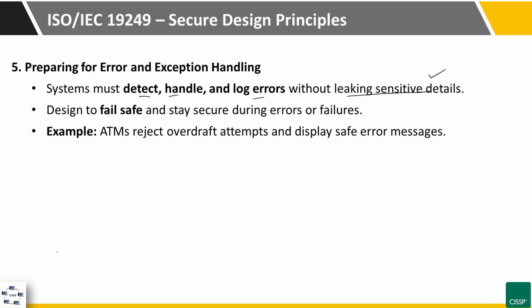The error message should be such that it does not reveal any sensitive information about the system, for example IP addresses, usernames and passwords, etc. The system should be designed to fail safe and stay secure during error or failure. For example, if a system is about to fail and it fails, it should fail safe without revealing any sensitive information.